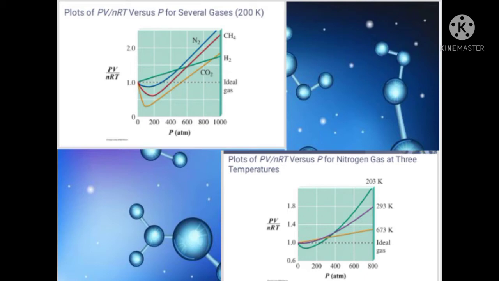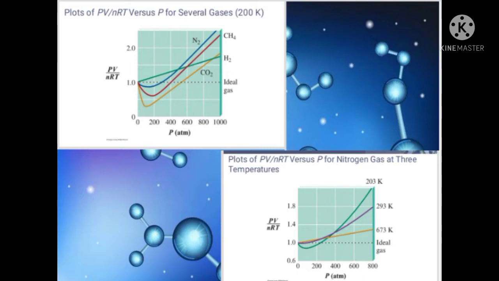We have H2, which is molecular hydrogen gas; CH4, methane, in the center; and inside the graph we have N2, molecular nitrogen, and CO2, molecules of carbon dioxide.